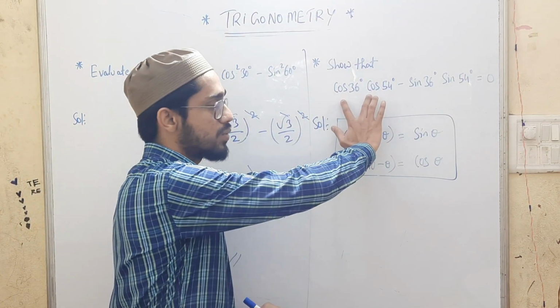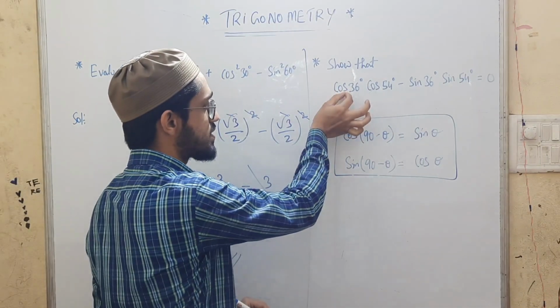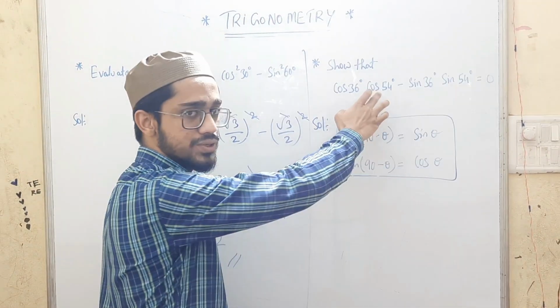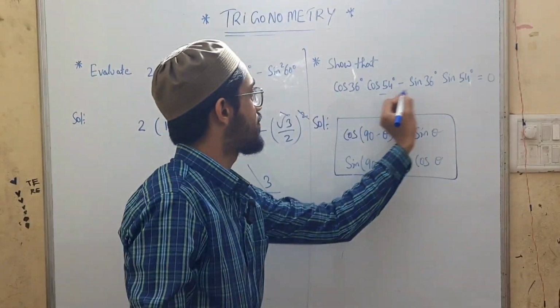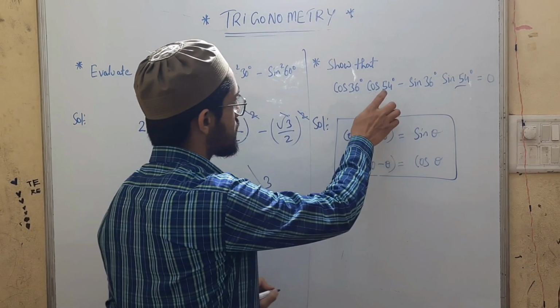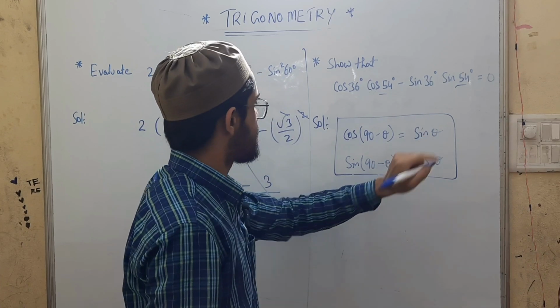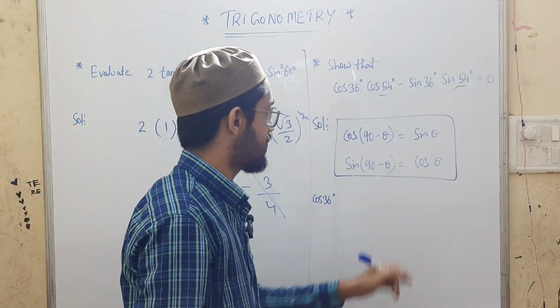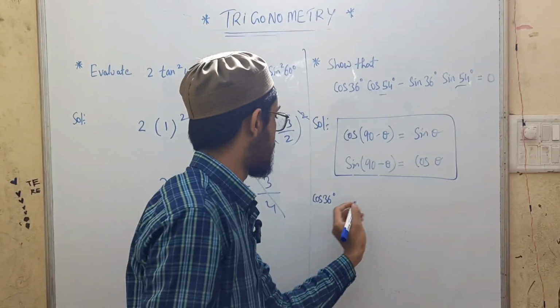Now, according to the question, you have to change either the 36 values or the 54 values. You can change any one. I am doing the 54 ones. So, write cos 36 as it is. Cos 54 will become sin (90 minus 54) because cos theta is sin (90 minus theta).